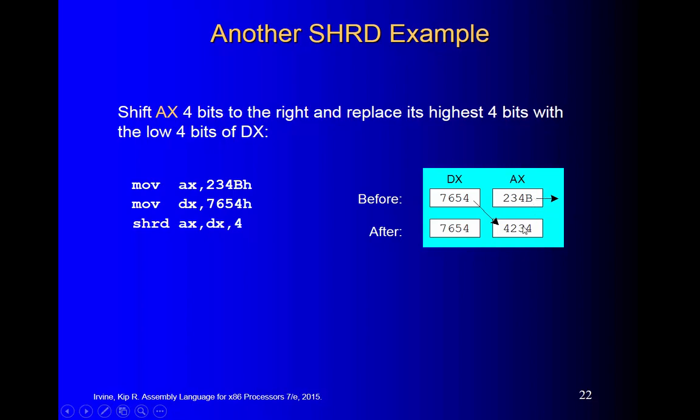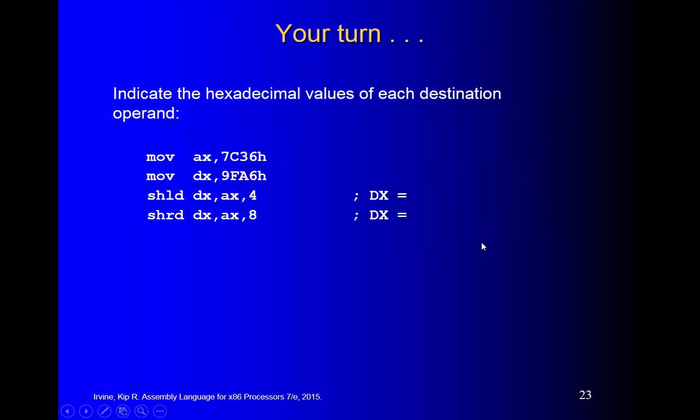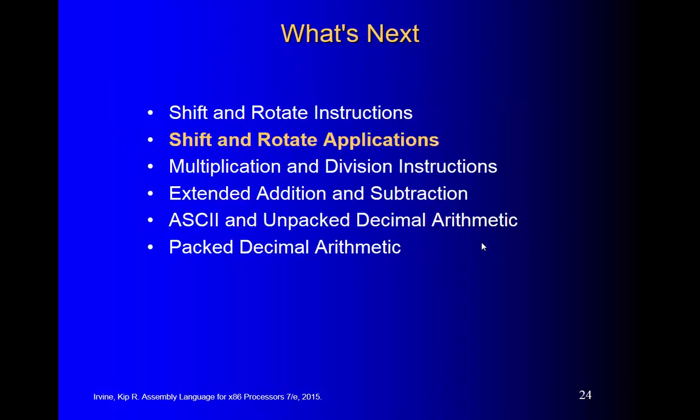You have 2, 3, 4 left over. The new opening space will be supplied by DX. That's 4. Same thing, the source won't change before and after the shifting. Try this on yourself. So these are the shifting instructions. Thank you for watching.